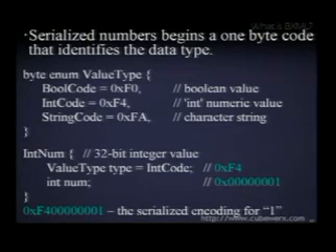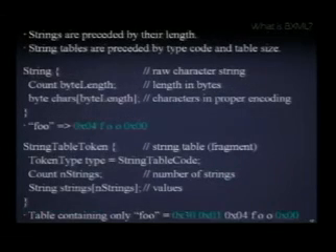So here we've got an enum that gives us all the codes for the types, and an integer number would be represented by F4 for the type, and then 4 bytes for the value. Looking at strings, they'll be preceded by a length and a series of characters.